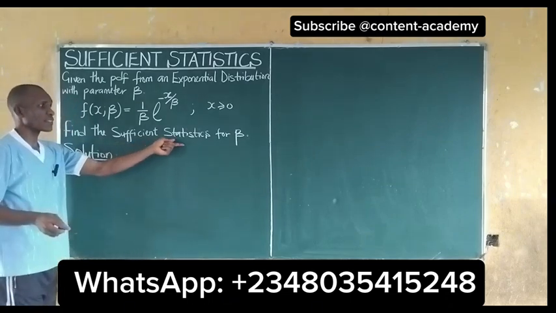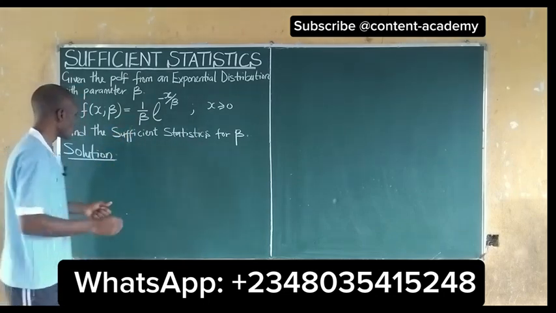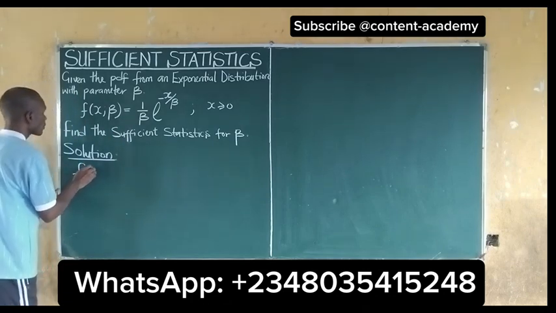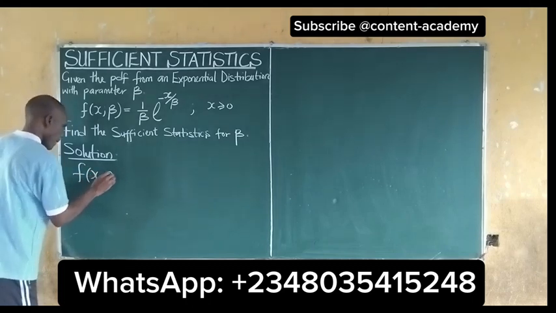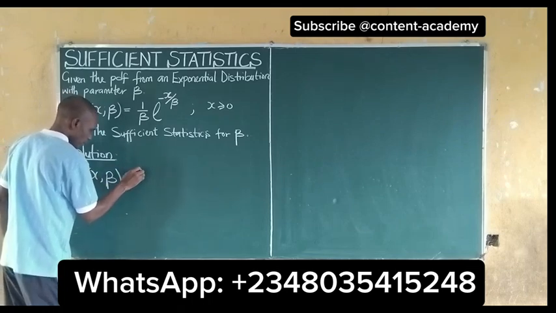How do we find the sufficient statistics for beta? We use the factorization theorem, which states that for a statistic to be sufficient, it must satisfy these components.